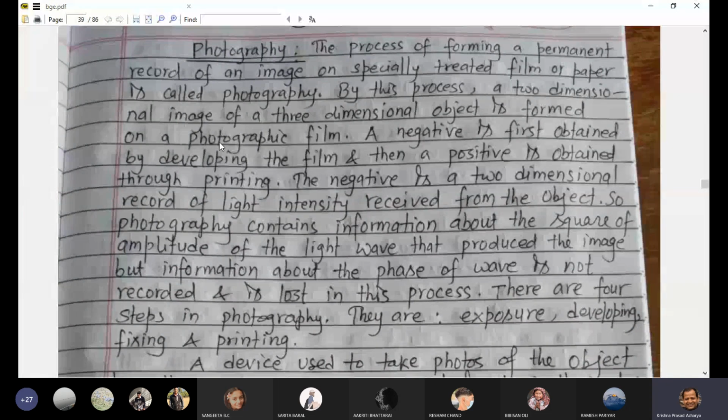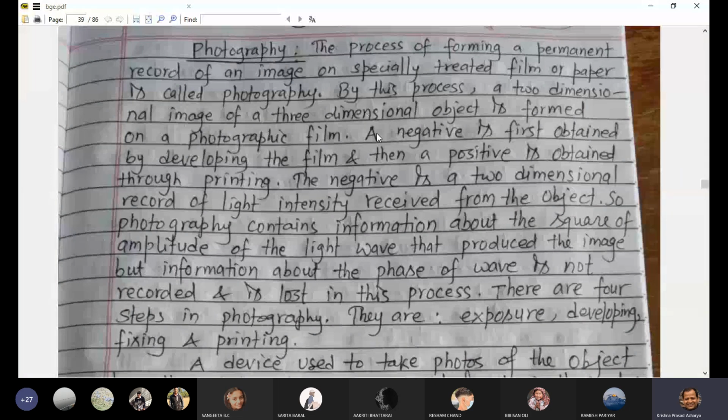And during photographic process, there are 2 steps. In first step, we make a negative of the object by developing the film, and then its positive is obtained through the printing. पहिला त्यसको नेगेटिभ बनाइन्छ हैन, त्यसपछि त्यसलाई प्रिन्ट गरेर पोजिटिभ बनाइन्छ. भनेपछि फोटो लिइन्छ. भनेपछि दुईटा स्टेप रहेछ.